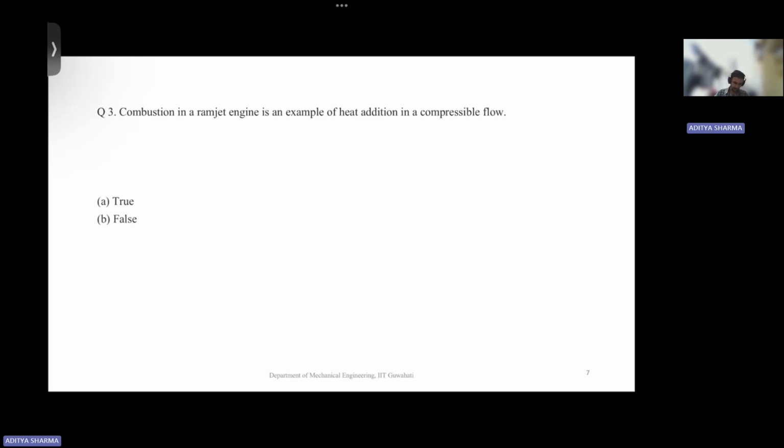So this is a correct statement. Two examples have been given. One was of a wind tunnel, where heat is added through lasers. And then the example of combustion in a ramjet engine has been given in your lecture number 23. So this is a true statement. Then moving on to the next question.